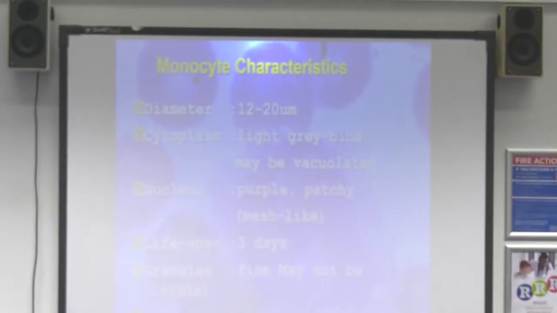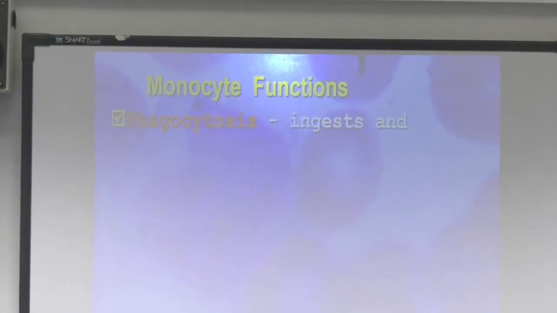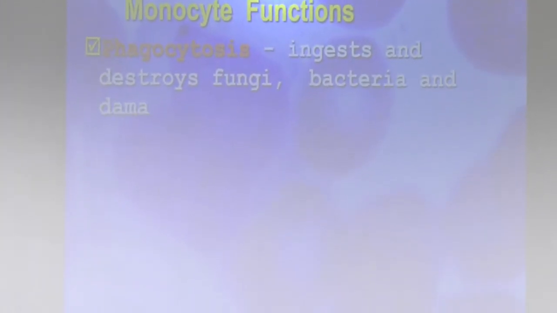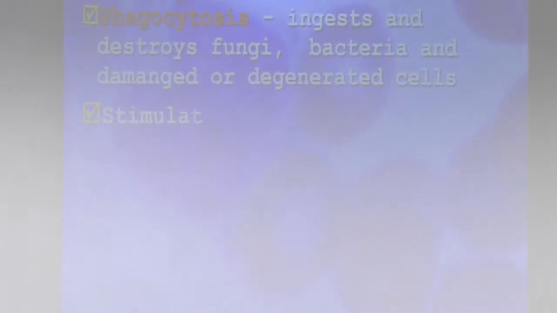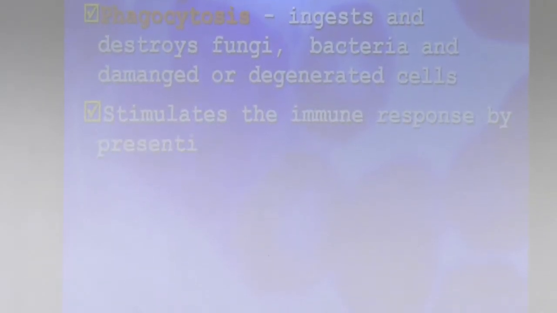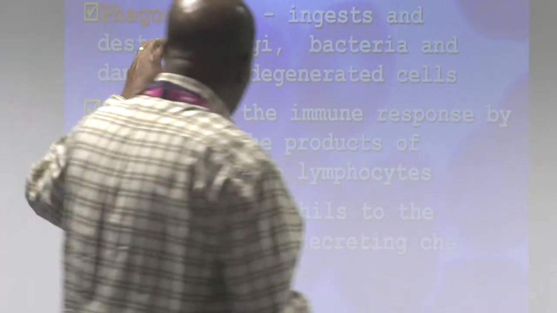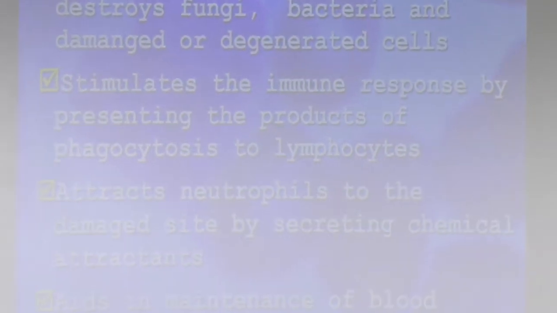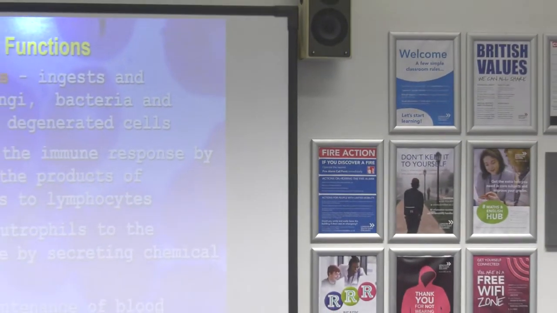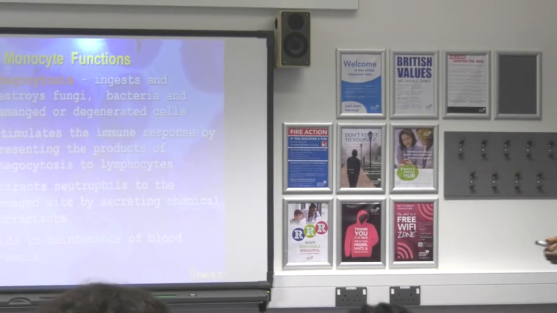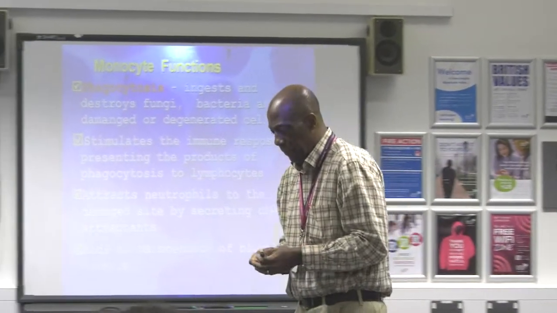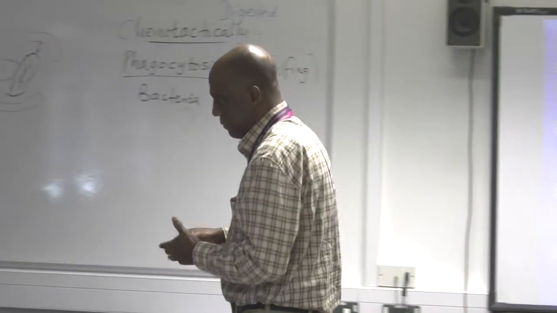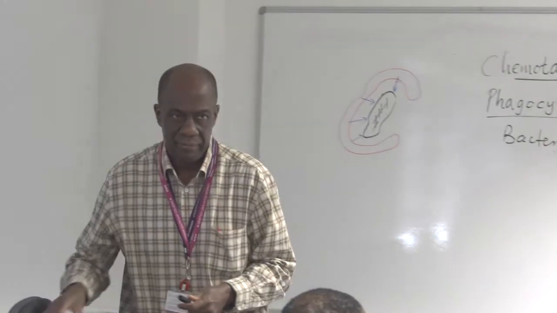The last one, the monocytes. So here is fungus, bacteria. Then you see the word phagocytosis comes in again. So the monocytes are mainly for fungal infection, bacteria.